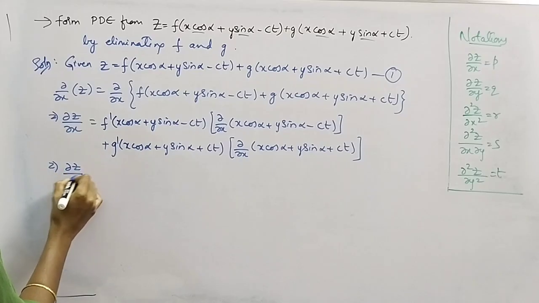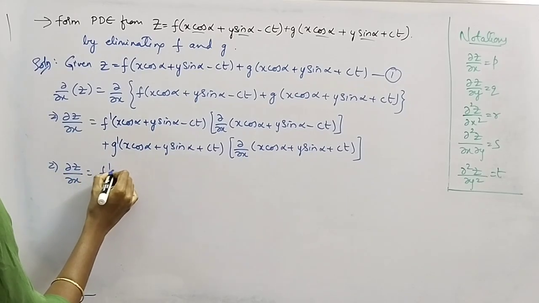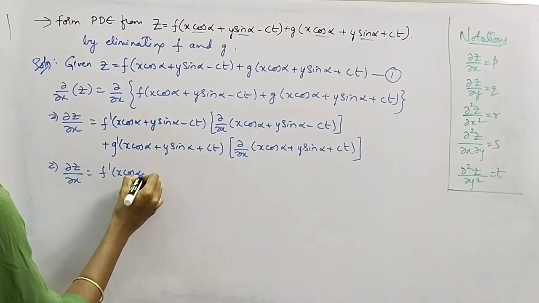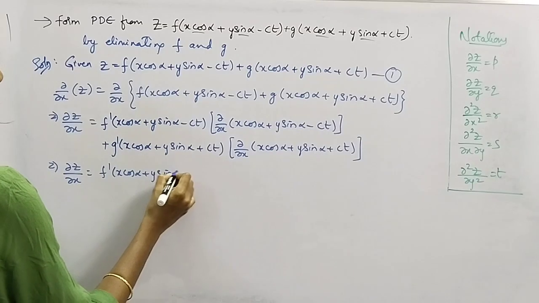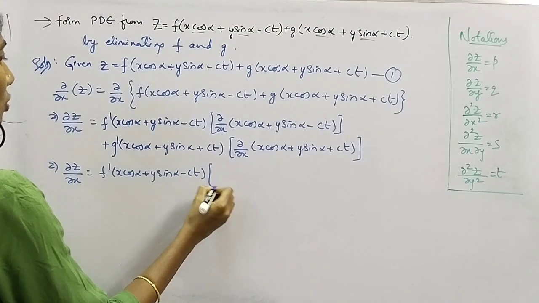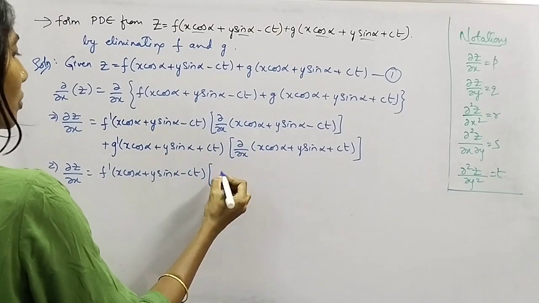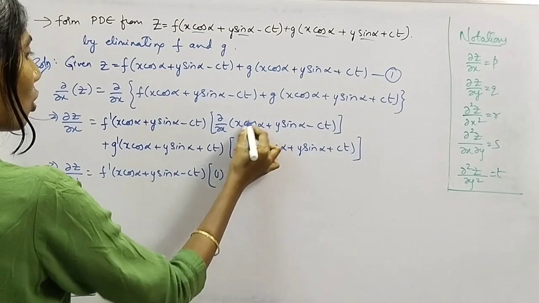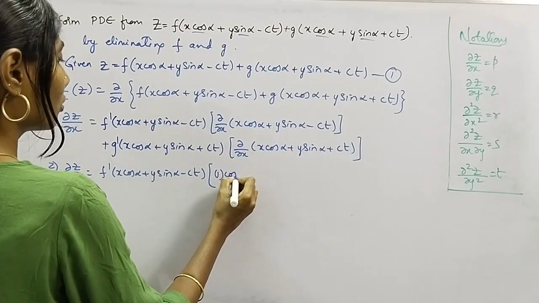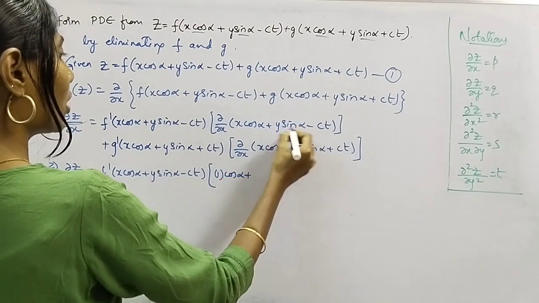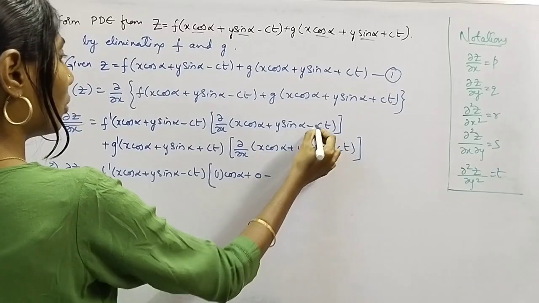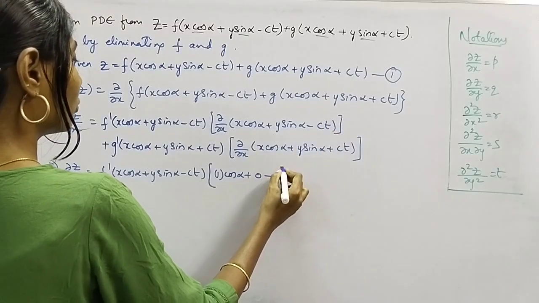Now this gives us dou z by dou x equal to f dash of x cos alpha plus y sin alpha minus ct into the partial derivative of x with respect to x, which is 1, into the constant cos alpha, plus the partial derivative of y sin alpha, which is 0, minus the partial derivative of ct, which is 0.